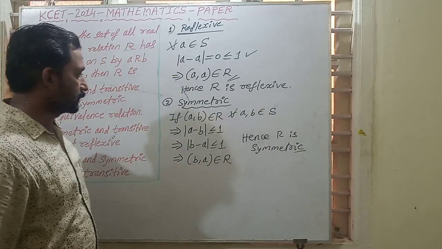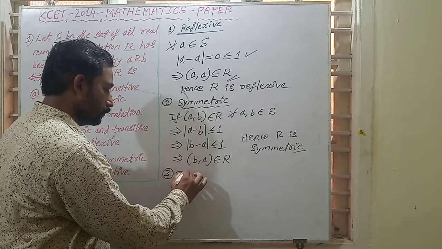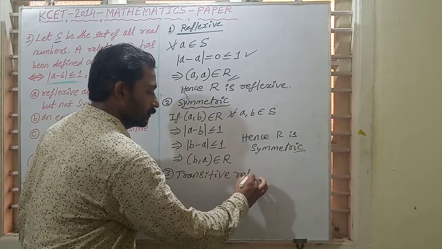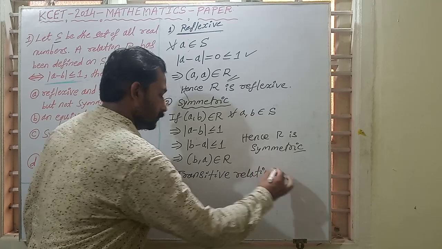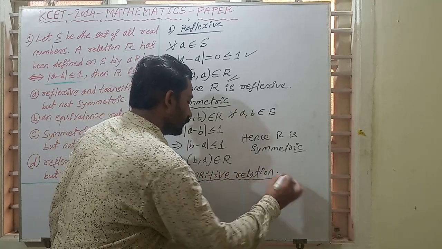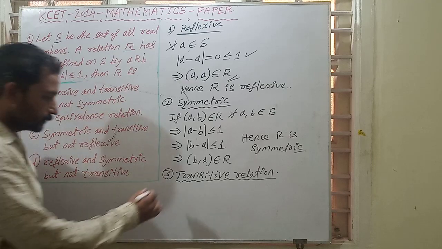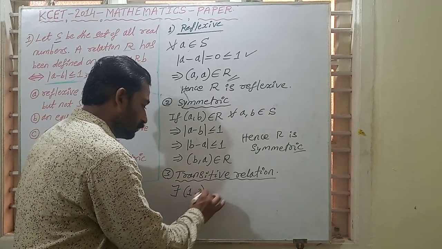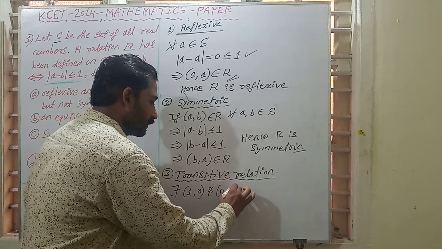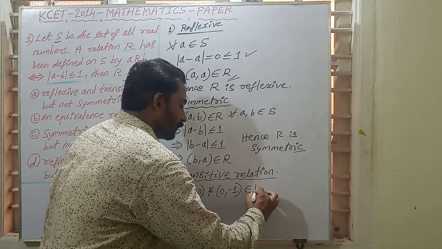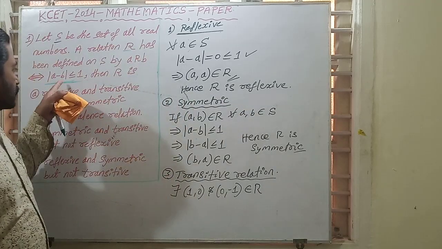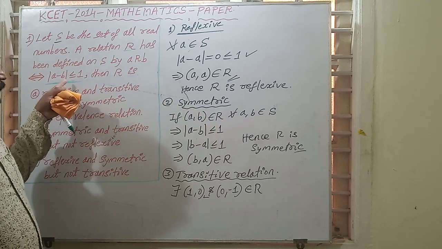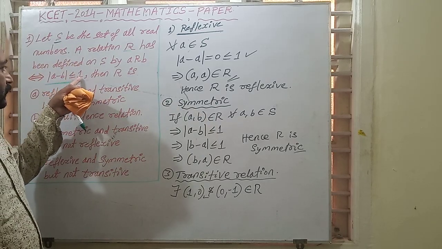Now let us move on to the transitive relation. In this case, transitivity does not hold good for this relation. There exist two ordered pairs, (1, 0) and (0, -1), that belong to R, correct? Because modulus of 1 minus 0 is less than or equal to 1, correct? Modulus of 0 minus 1 is nothing but 0 plus 1, which is 1, less than or equal to 1, correct?